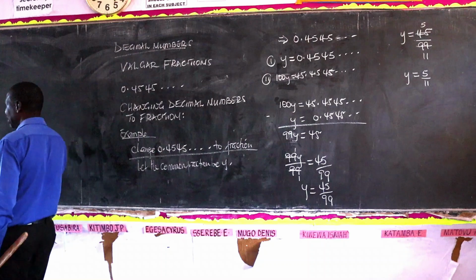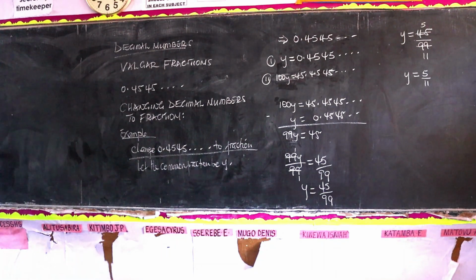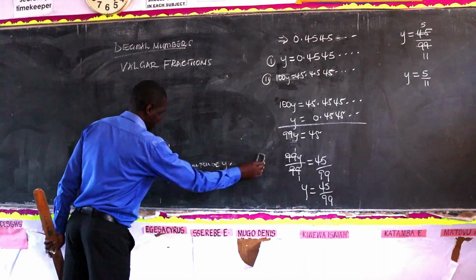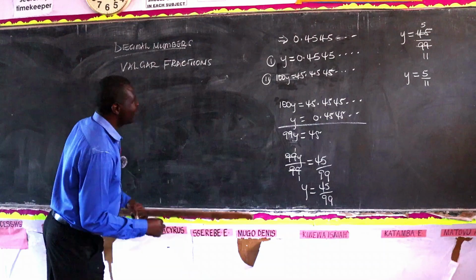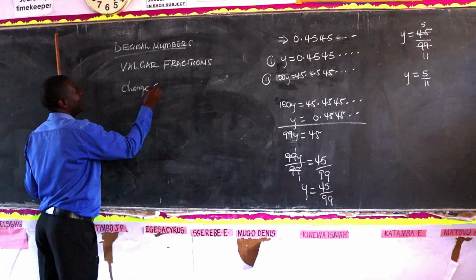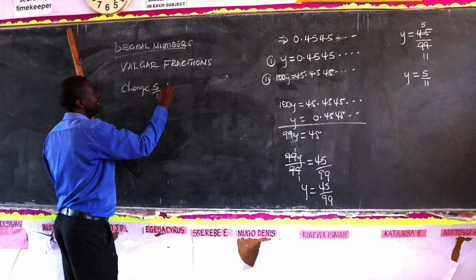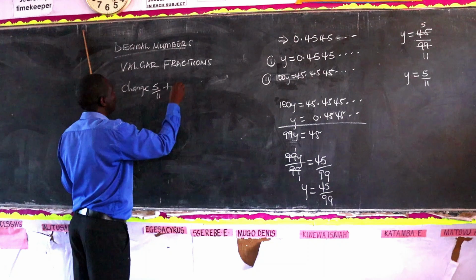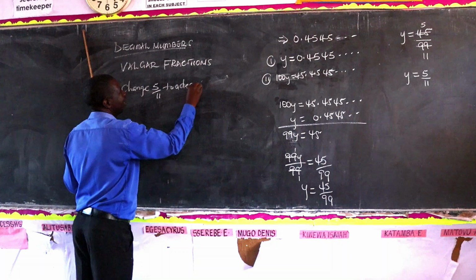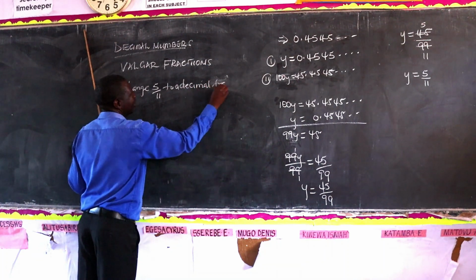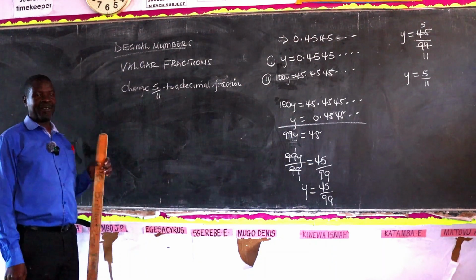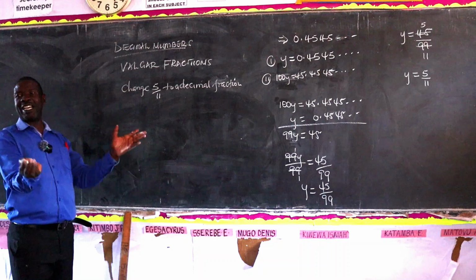When you are asked to change 5/11 to a decimal fraction, it can go back. This one is calling just to divide.